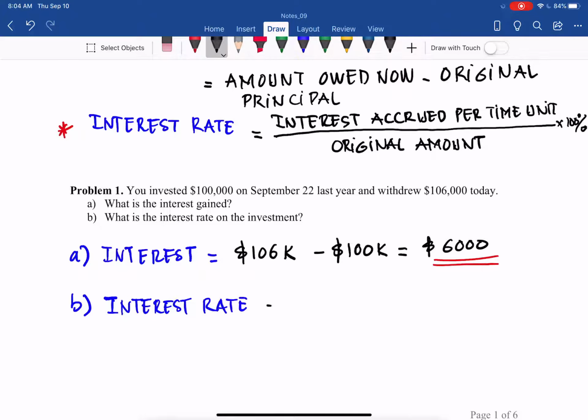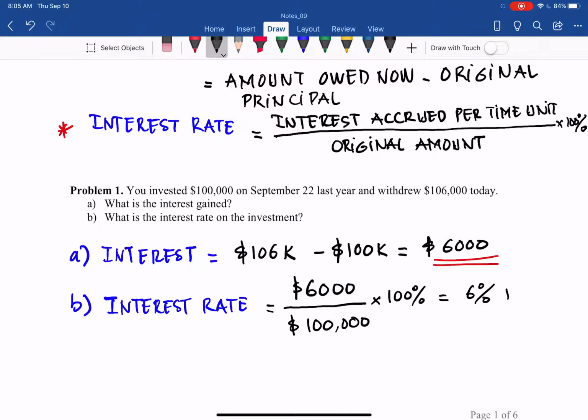As we see, the interest accrued per time unit, we have interest for 1 year of 6,000, so it will be equal to 6,000 for 1 time unit, 1 year, divided by the original principal, 100,000, and we times 100% to get percentage, and it will be 6%. And we have to specify which time unit we are talking about. For 1 year, so we have it per year.